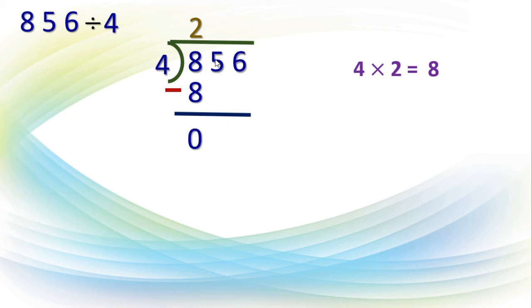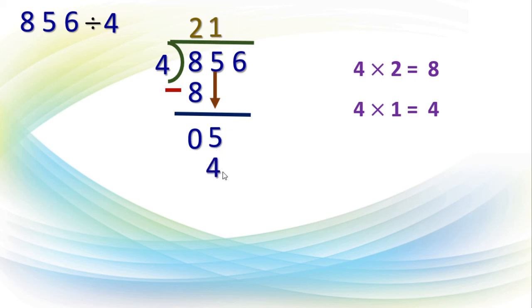Now we will move to the tens place. We will take this tens digit down, that is 5. Now 5 is bigger than 4, we can divide this 5 by 4. So 4 ones are 4, so we will write 1 in the tens place here.